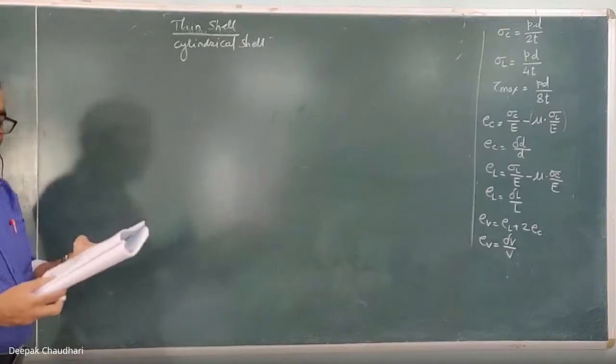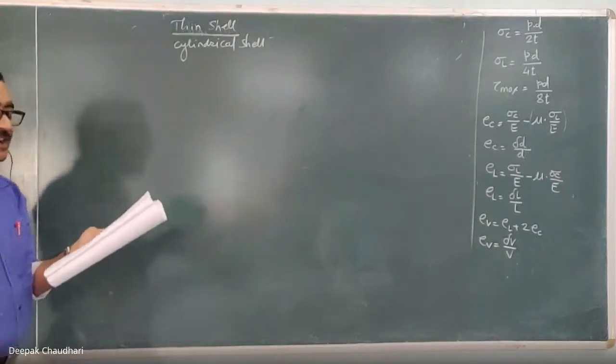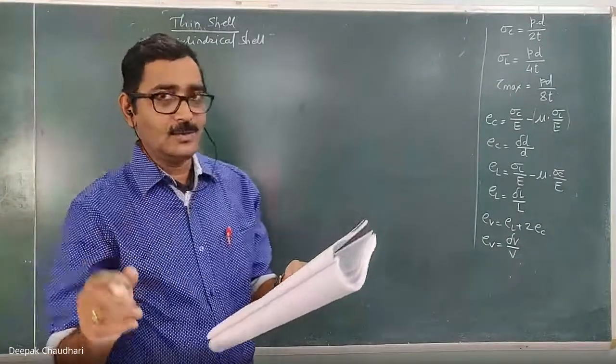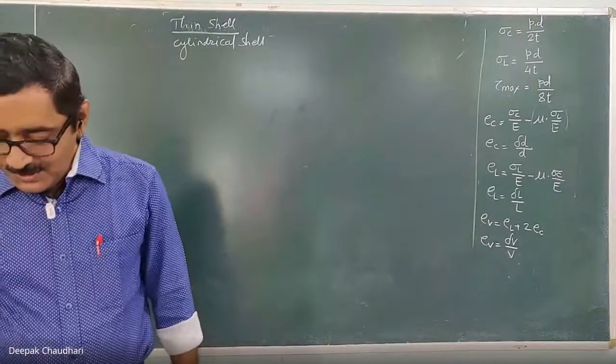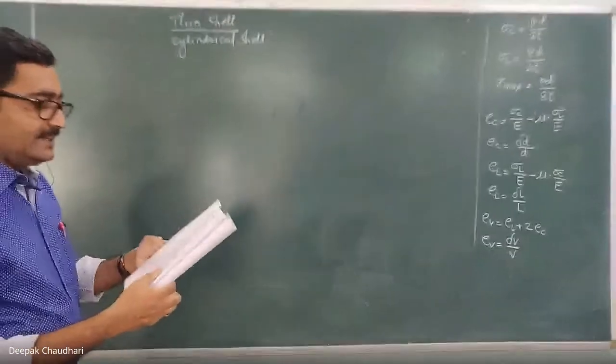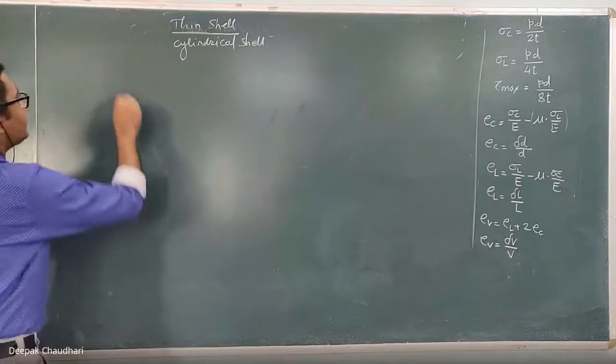The first question from our question bank: it is given that a cylindrical vessel whose ends are closed by means of rigid flat plates, or flange plates, is made of steel plate of 3 mm thick.